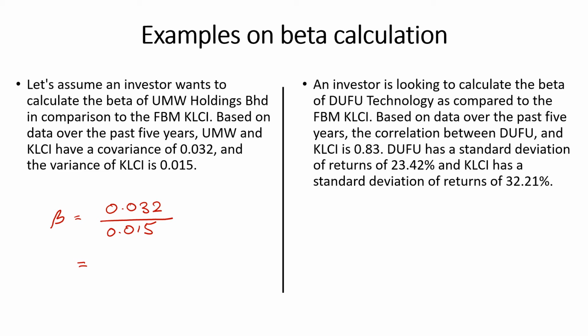So you should get 2.13 for your beta. Therefore, with this beta, we can say that UMW is theoretically more volatile than the KLCI, because the beta for UMW is more than 1, which is 2.13. And if we look at it in percentage form, UMW is 113% more volatile compared to KLCI.